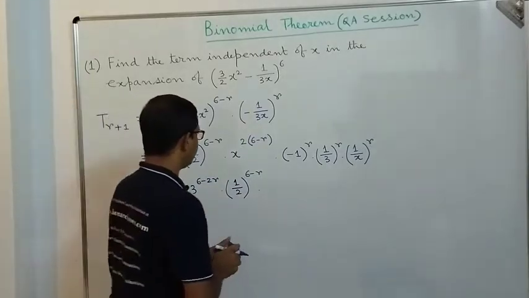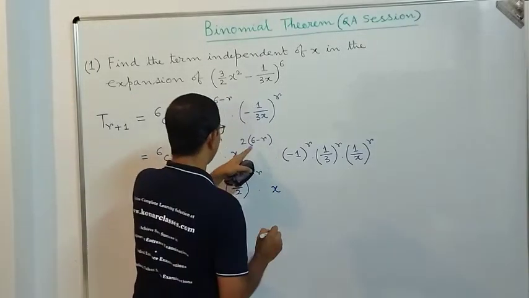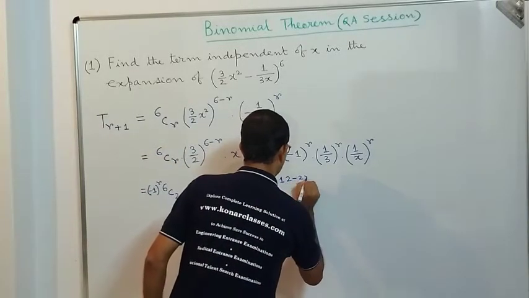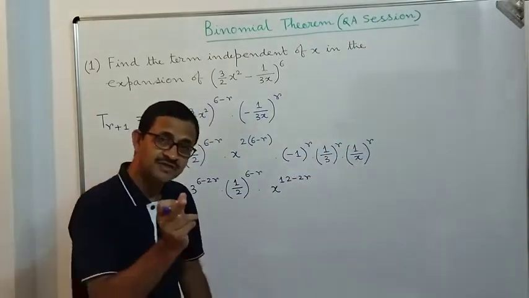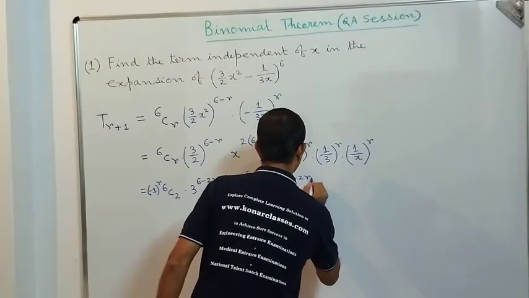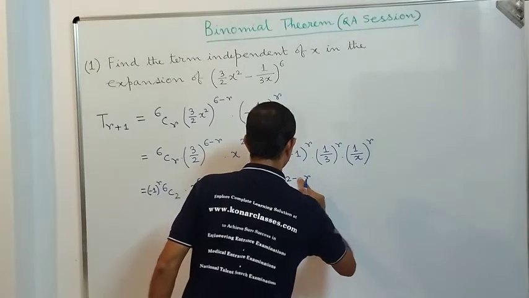And what is the power of x, dear students? Here we get x^(12-2r), and here it is 1/x^r, that means x^(-r). So 12 minus 2r minus r becomes 12 minus 3r. Correct?